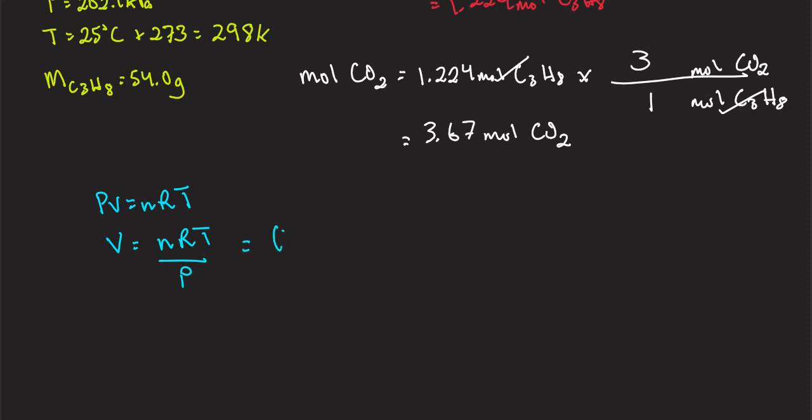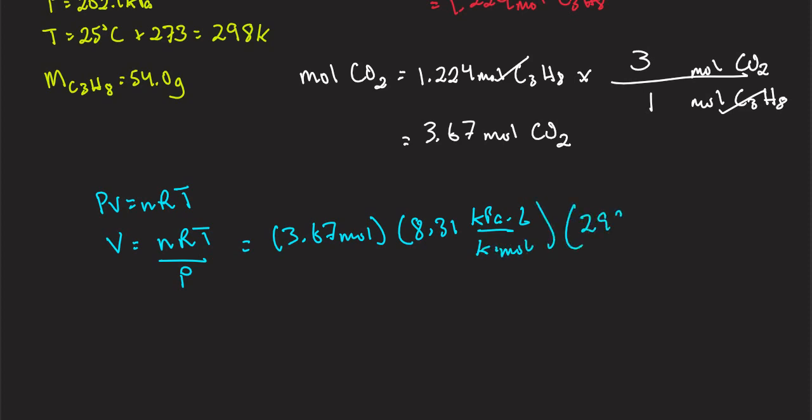So the number of moles we've determined of CO2 we can write down here from our calculation, 3.67, times 8.31, this is your gas constant, times temperature, 298 Kelvin. We had to make that conversion at the beginning. Pressure is 202.1 right up here. We didn't have to convert anything. Those were the correct units.